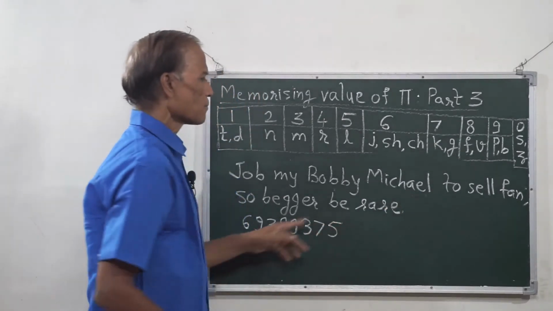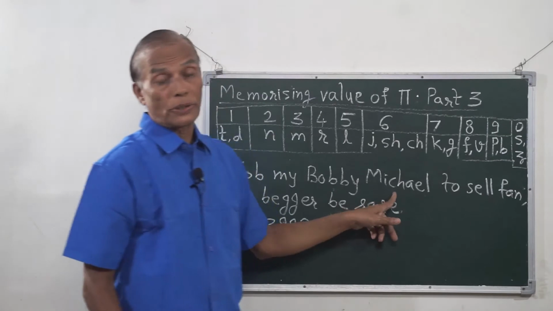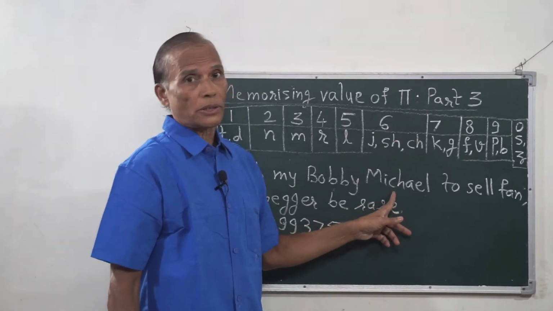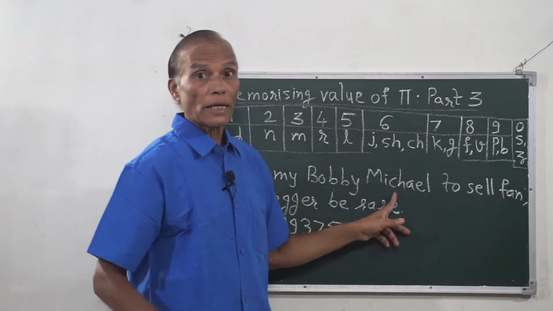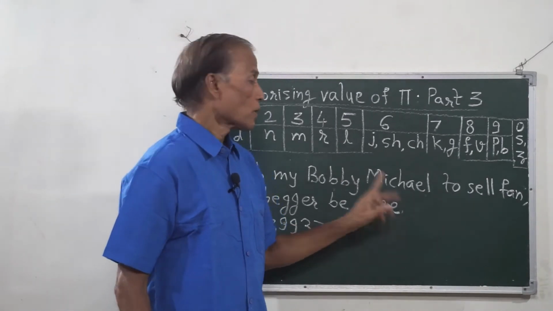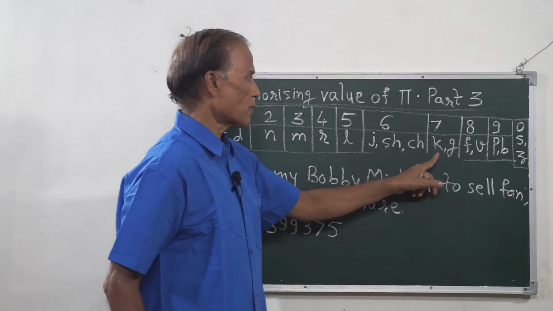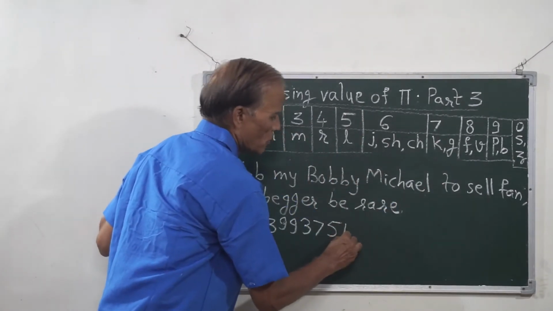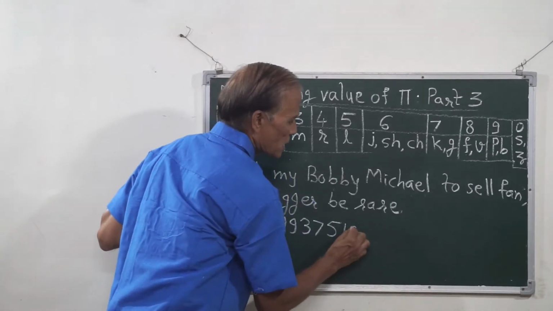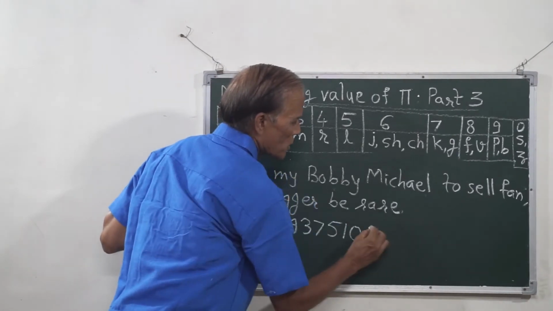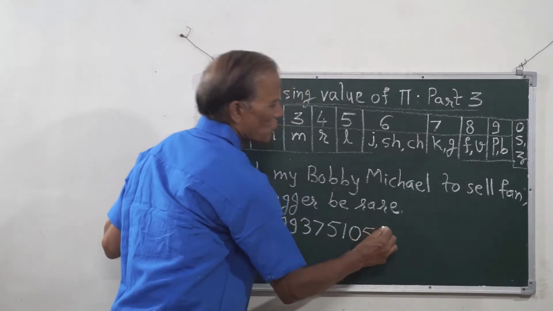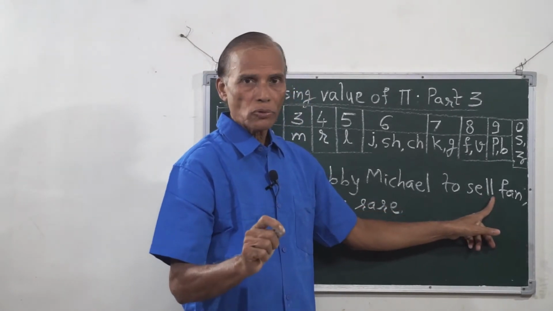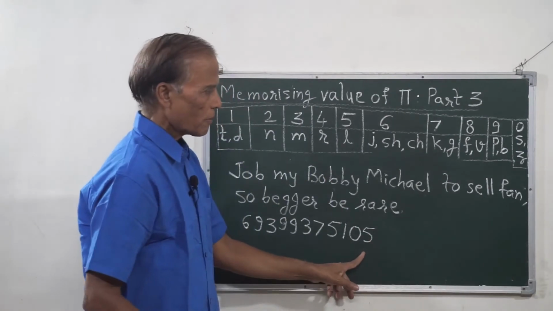Now see here it is CH, but that is actually not CH sound, it is K sound, Michael. So that will be converted into 7. T sound will give us 1. Sell, S sound 0, L sound 5. Though L is repeated, it is pronounced only once, so only 1, 5.